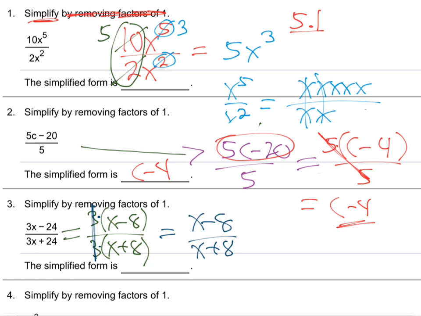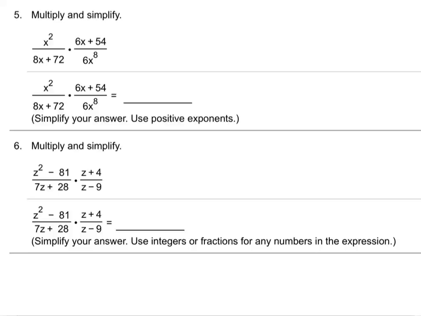So far, so good? If you're good at factoring, these are just more factoring problems. Okay, so let's do number 5 up there. Let me write it a little bigger for you: x squared over 8x plus 72.